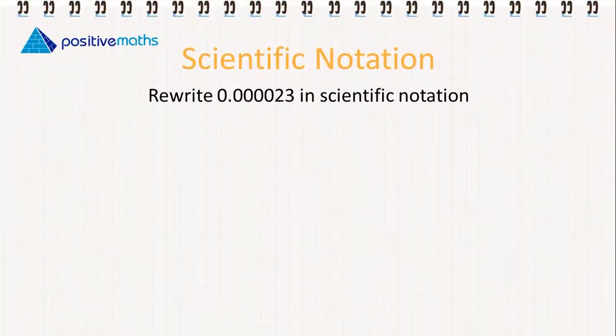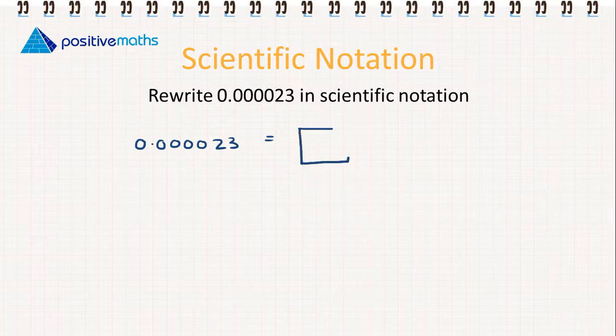So let's practice. We have to rewrite 0.000023 in scientific notation. So we'll start off by just rewriting out our number. There are two parts to these questions. We need to find the number for a, and we need to find the number for the power of 10.